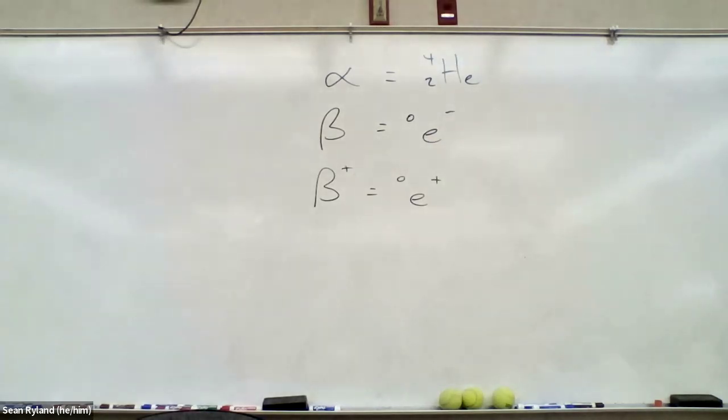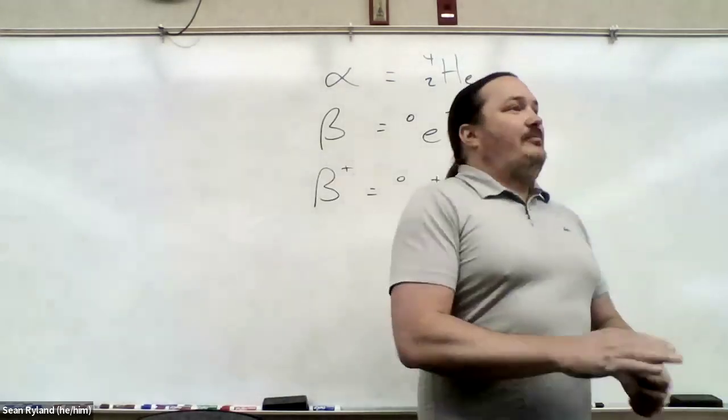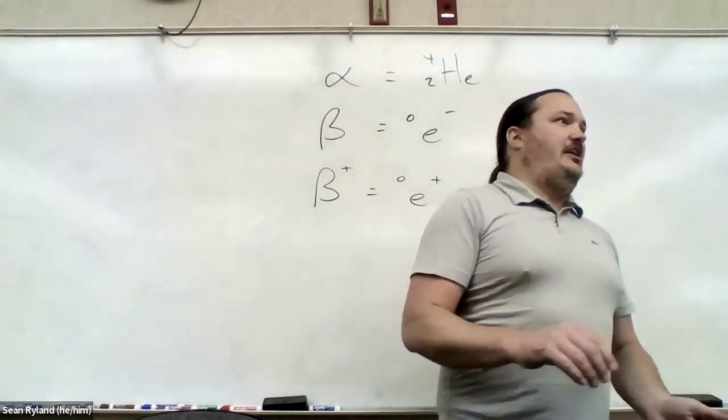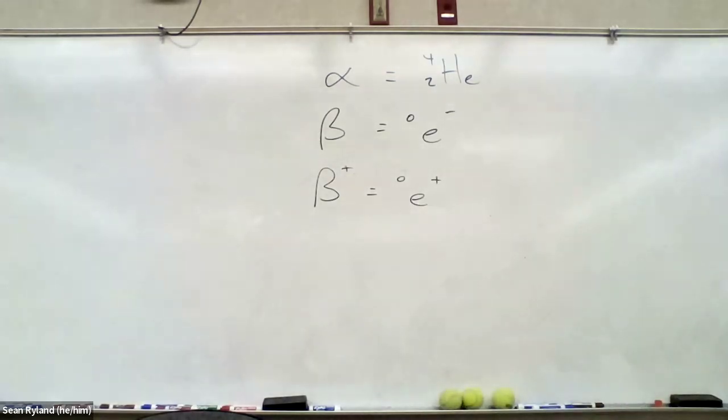But that gamma radiation, though, is super high energy, and it actually will go right through just about anything. It's high energy light. Basically, in order to stop that light, you need something that has an electronic transition that's relatively close to that same energy in order for that light to get absorbed.